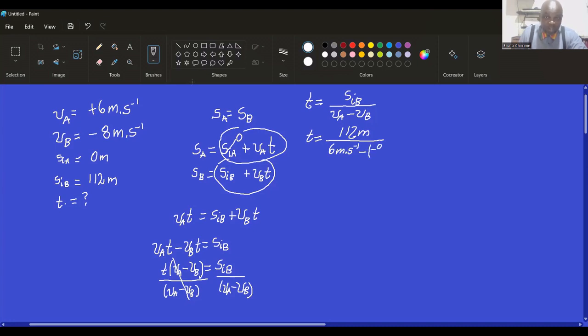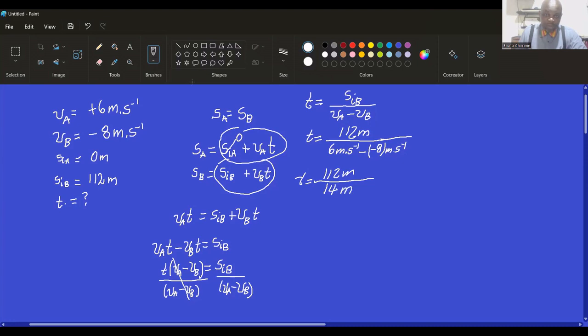So 112 meters divided by minus minus 8, so basically that equates to 6 plus 8, which is 14 meters per second. So what is 112 meters divided by 14? You see what happens to the units. The units cancel out. M divided by M is 1, so it cancels.